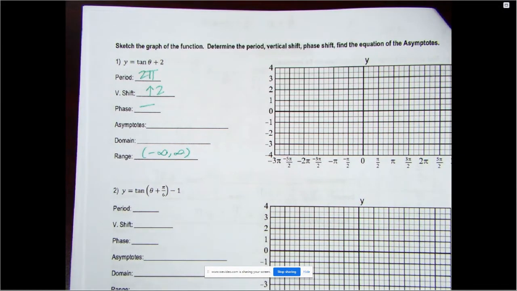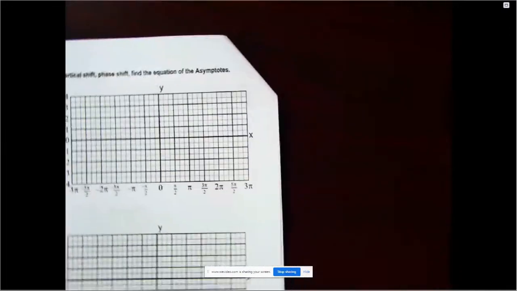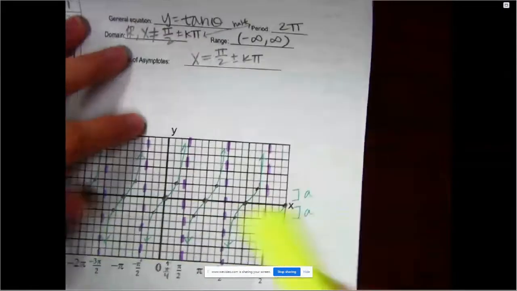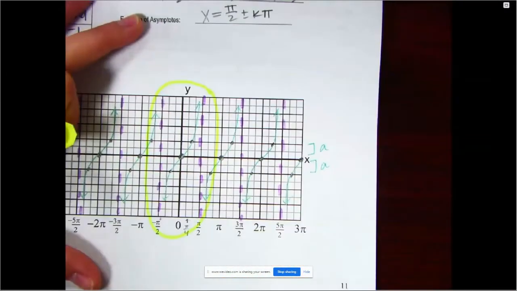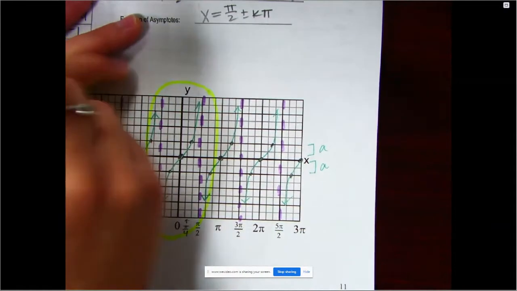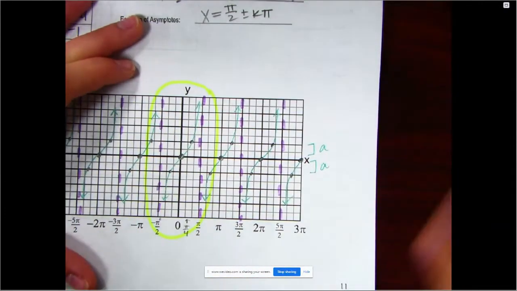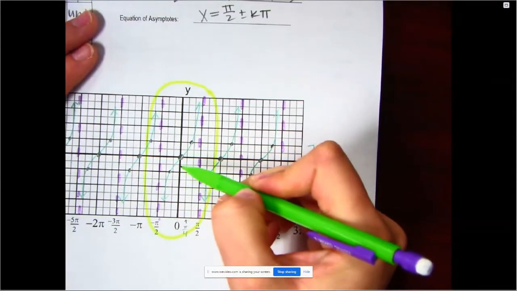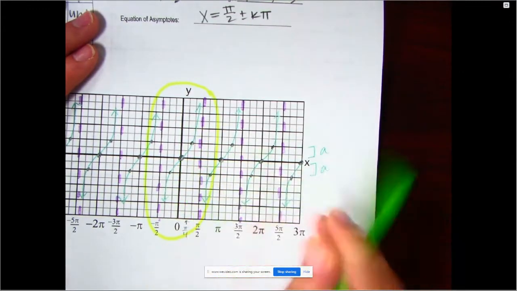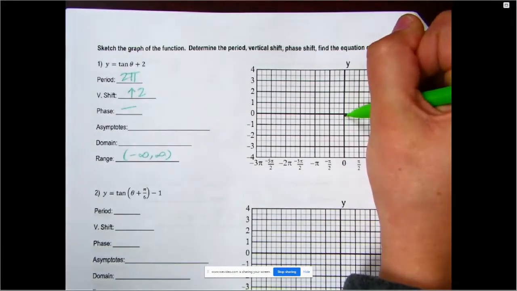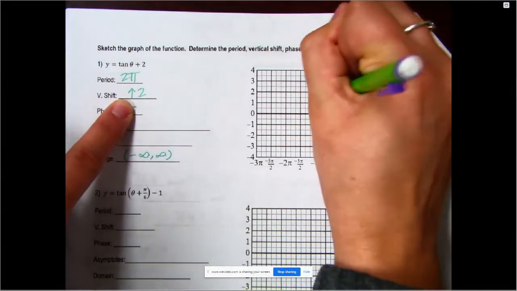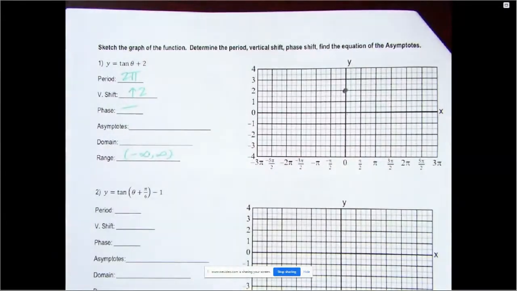Okay, so here's how I start this. I go back and look at the parent, and I pay attention to this section right on 0. This is the part that I'm going to do the transformation to. I'm going to take this point and move it. So if my coordinate was originally on 0, but I need to move it up 2, it is now right here.